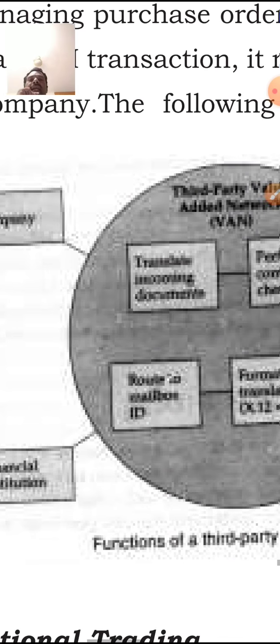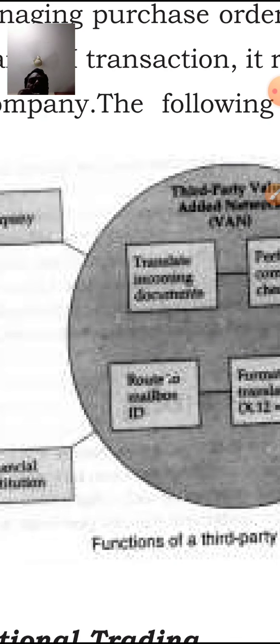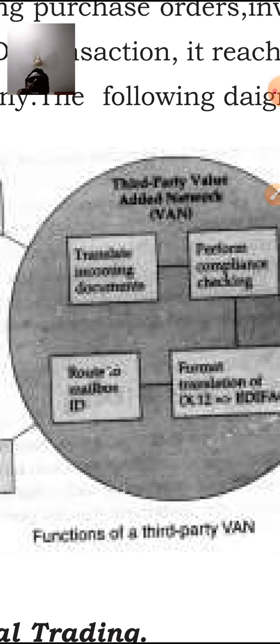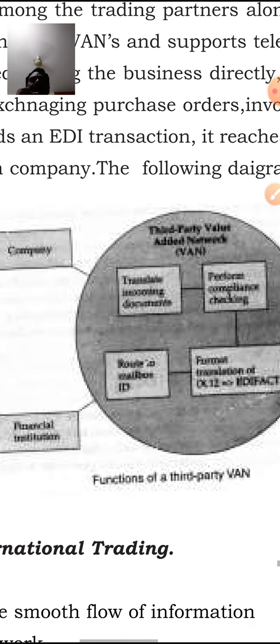Along with the transportation company, manufacturing company, particular customers and financial transactions, the VAN acts like a mediator between all these four, so that the consumers, the company, the transport company and the manufacturing company are connected.